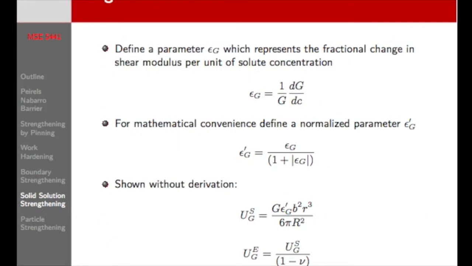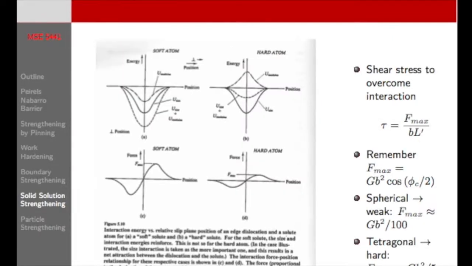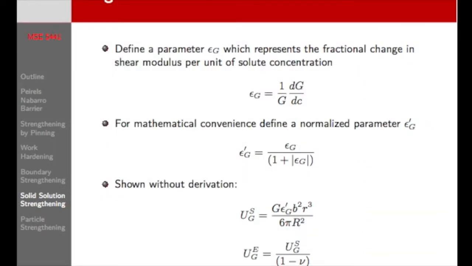Okay, so again, we're going to go through it without derivation, but what goes into this? Well, obviously the modulus of our material. This is again a dimensionless parameter that characterizes the modulus difference between our two atoms. You'll notice going through this, they all have the same sort of things in them.